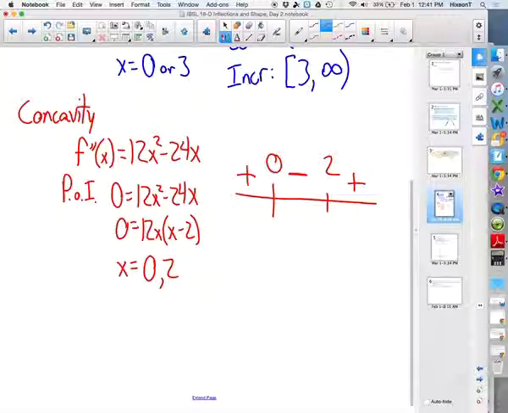Alright? Now, we are concave up over the intervals from negative infinity up to 0, and from 2 to positive infinity.